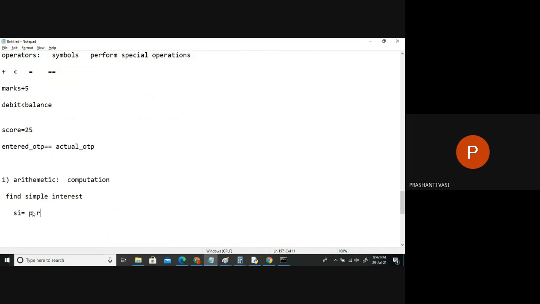Yes. We have something, no? What will we do with these three? There's a formula, no? What is the formula for finding simple interest? Okay. Principal into rate of interest into time period by 100.